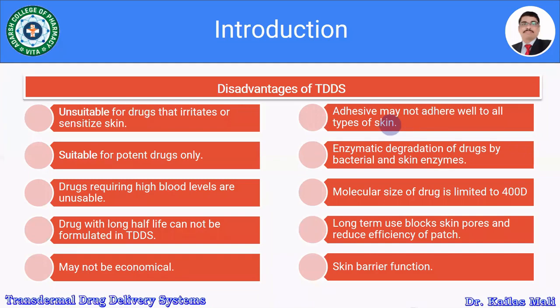And the transdermal patch contains an adhesive layer, which helps to adhere the patch to the skin. So in certain cases, the adhesive may not adhere well to all types of skin if it contains certain secretions.